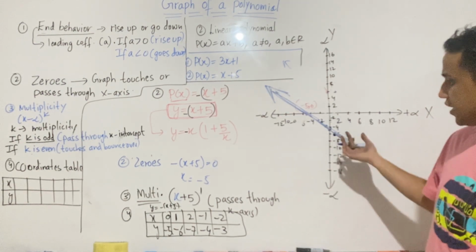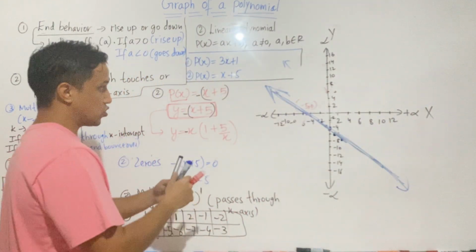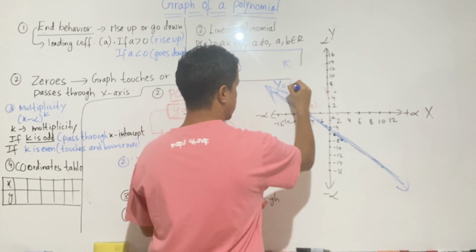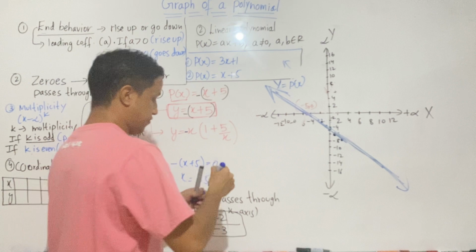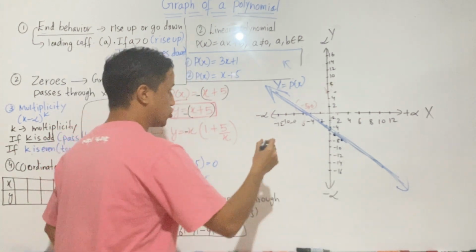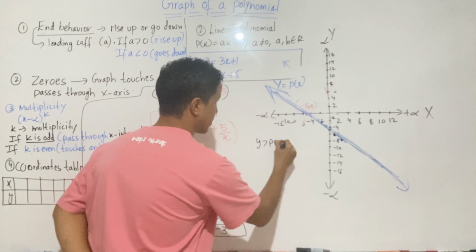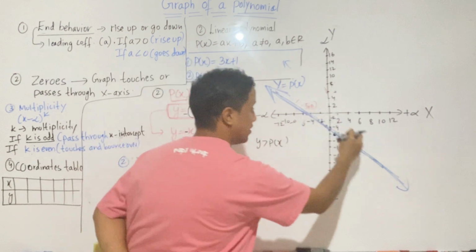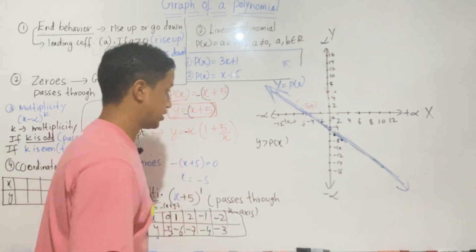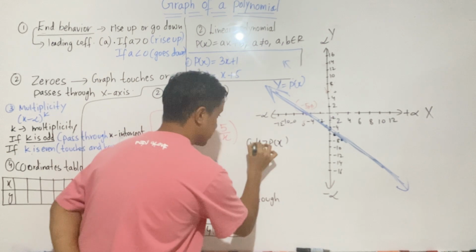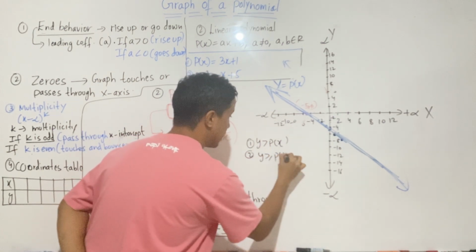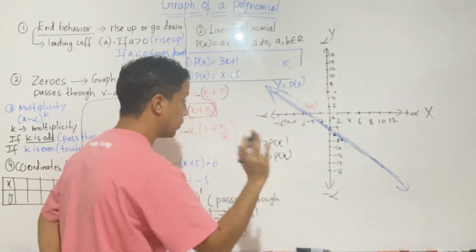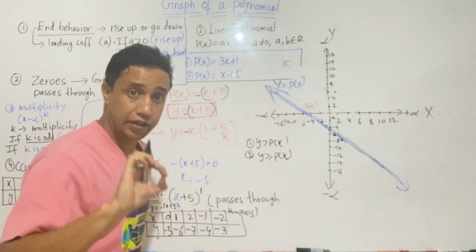Okay, again same thing. So this is y equal to p(x), right? If you want to find for y greater than p(x), then it means this region, but this line or curve is not included. Number 2, y greater than or equal to p(x), again the same region, above this, but the line is included.